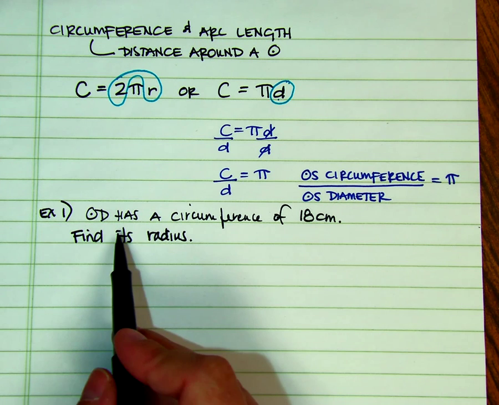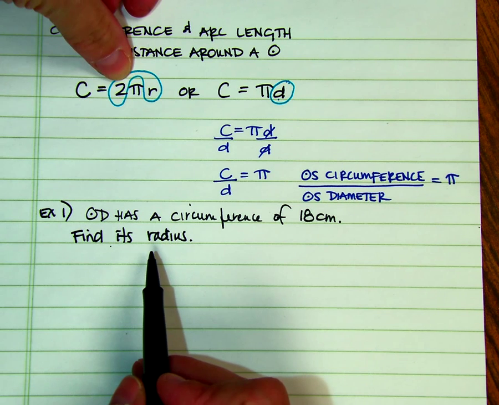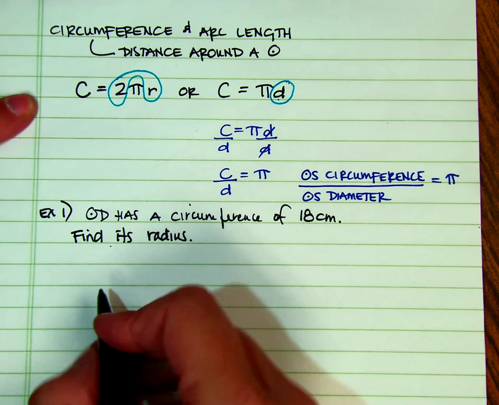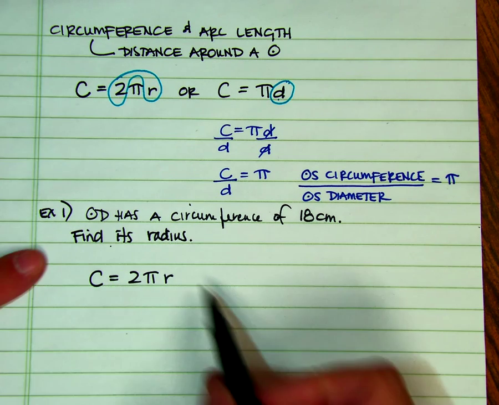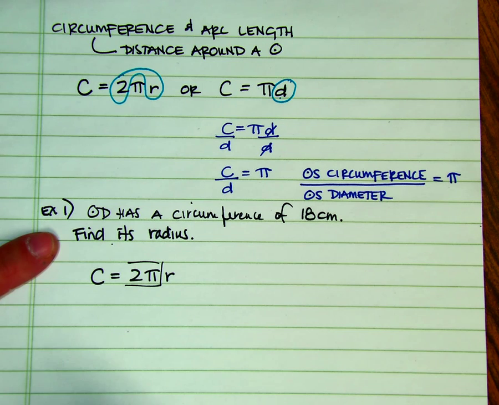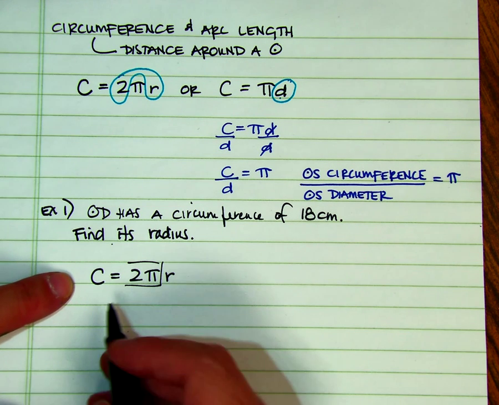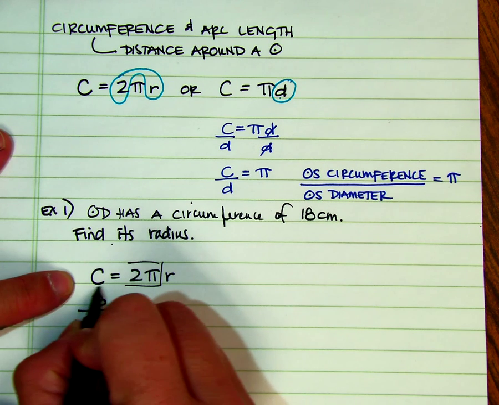I'm going to use the 2 pi r. So the circumference equals 2 pi r. Solving for the radius means I need to divide by 2 pi. I know the circumference is 18.